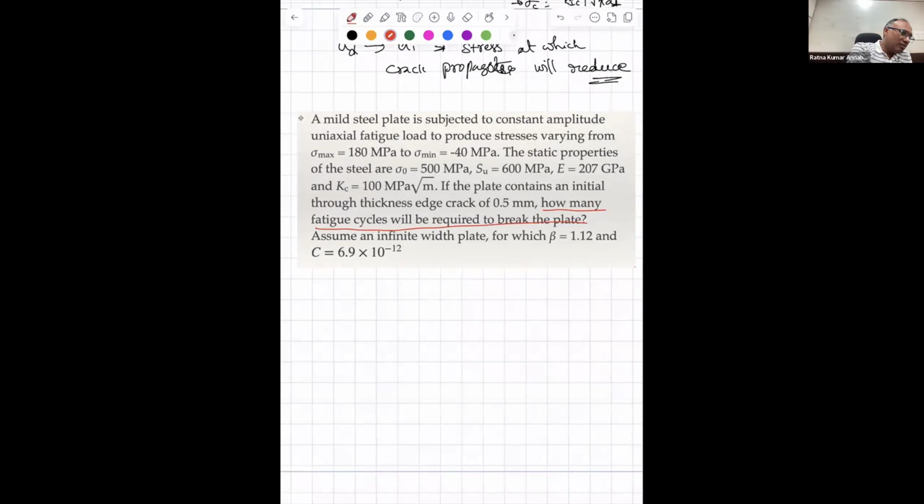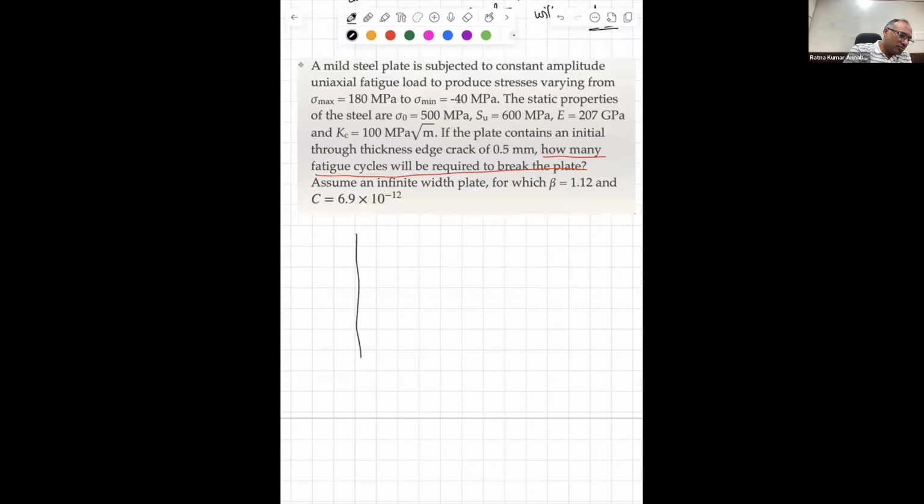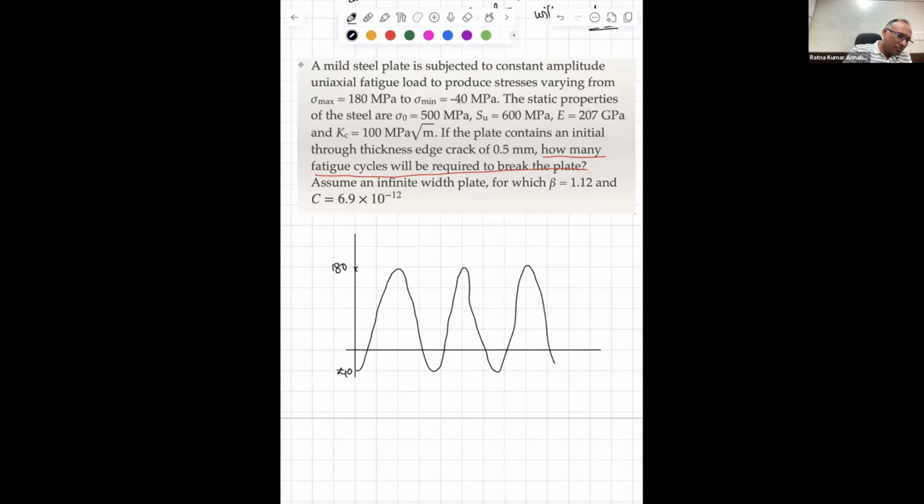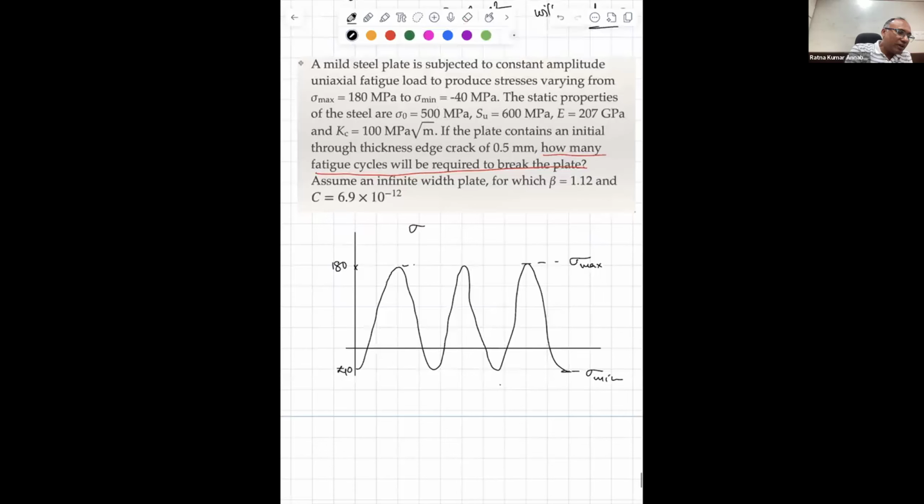So you have some loading scenario. This is sigma max 180 MPa and that is your sigma min, minus 40 MPa. And sigma y is equal to 500 MPa yield strength.